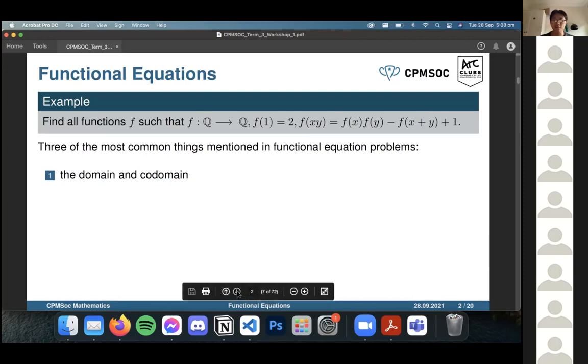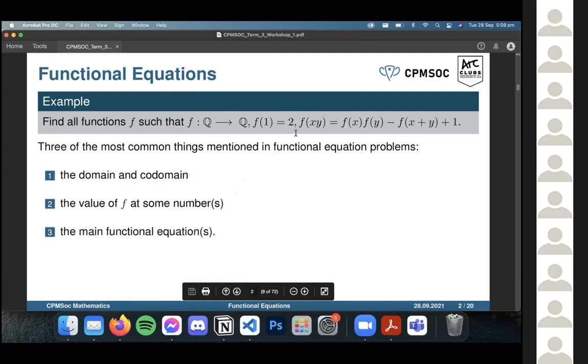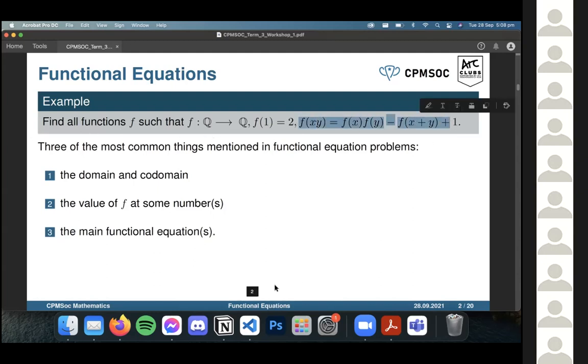The second thing that's also important for a functional equation is the value of f at some number. As I said with the integral example, this provides us a more specific version of the function. And the last part is obviously the main functional equation. So those are the few rules that basically just define the function.